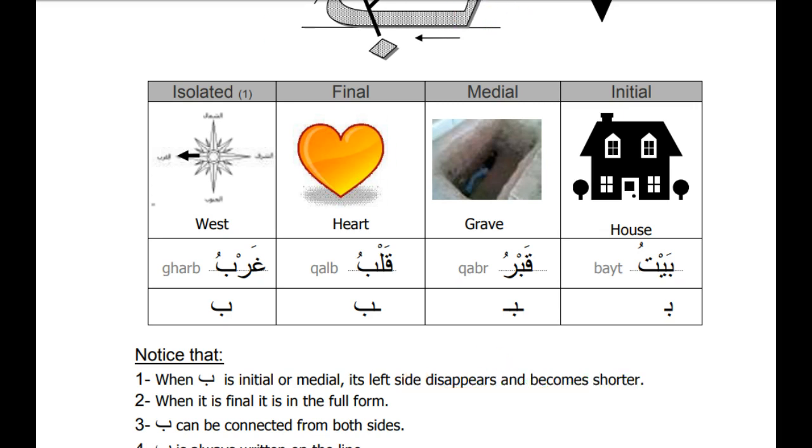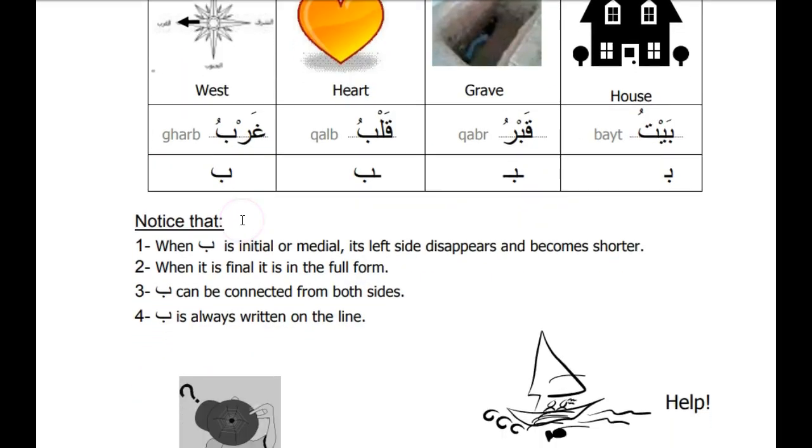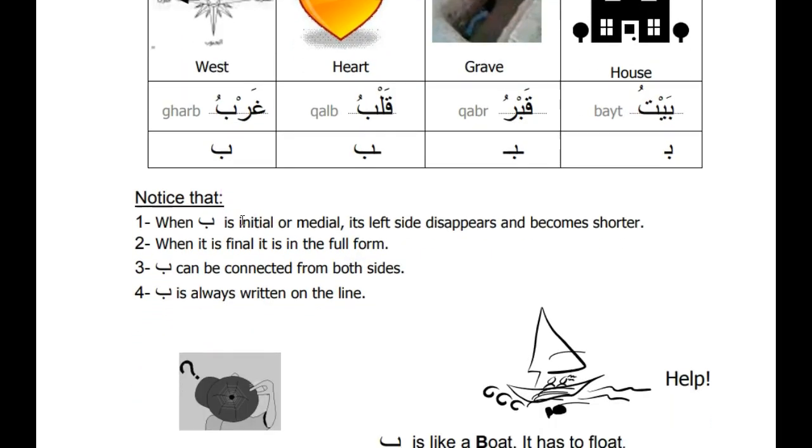Yeah? All right. So here is the notice. Notice that when ba is initial or medial, its left side disappears and becomes shorter. When it is final, it is in the full form. Ba can be connected from both sides. We can connect it from right and left.